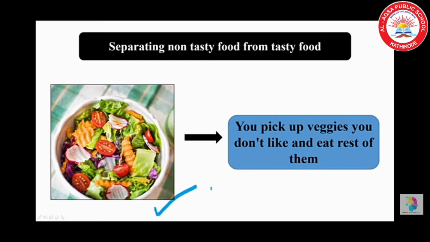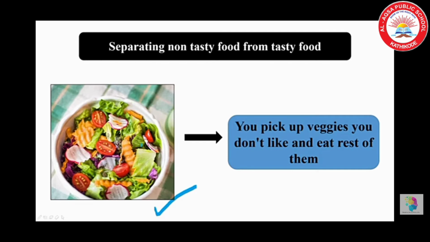Next is a very interesting example for you. This is a vegetable salad. A number of vegetables are there, but some vegetables you don't like. Then what will you do? Yes, we have to separate the veggies you don't like and eat the rest of them.